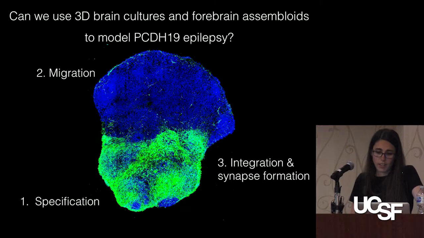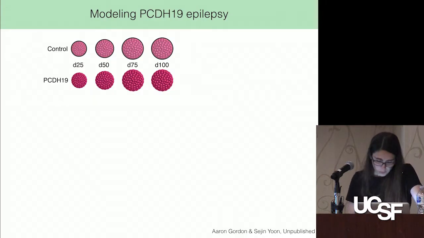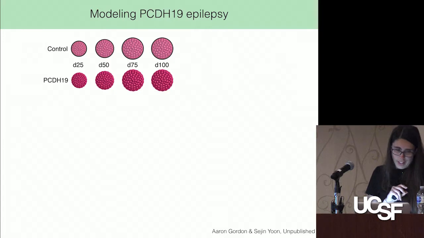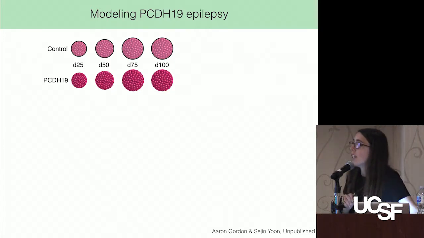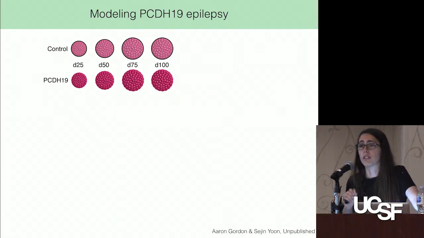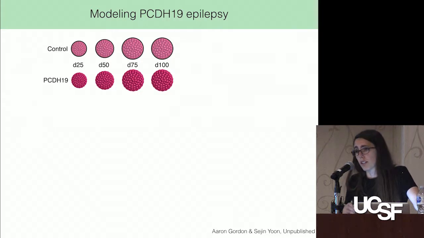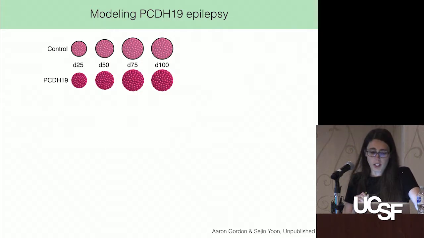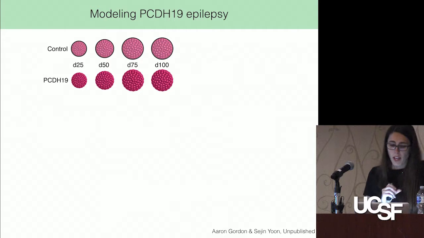So these are still very early days. As I said, I don't have that much data, but I want to show you what I do have for now. Studying PCDH19 gets very complicated very quickly once you introduce X chromosome inactivation, as we have heard before.